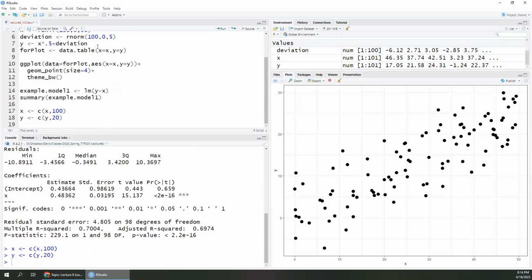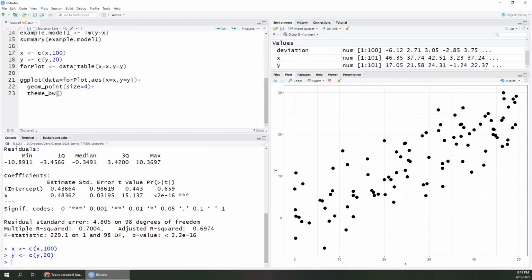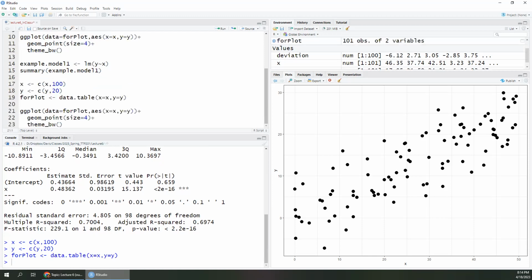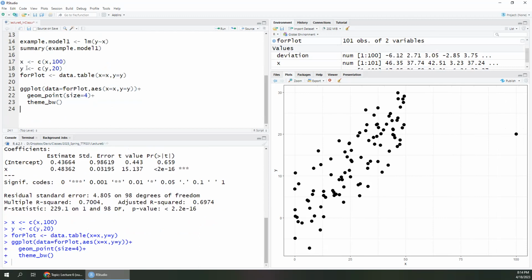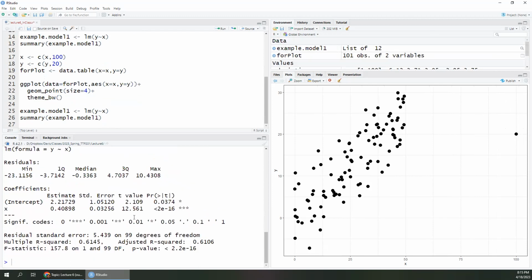So I've added both of these, and I'll just go ahead and copy and paste my plot here. And let's see what happens. So now I've introduced hopefully what you can see as this very blatant outlier, right?